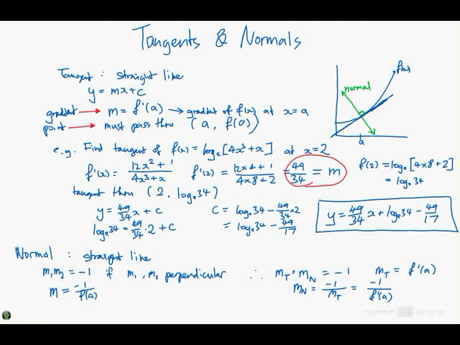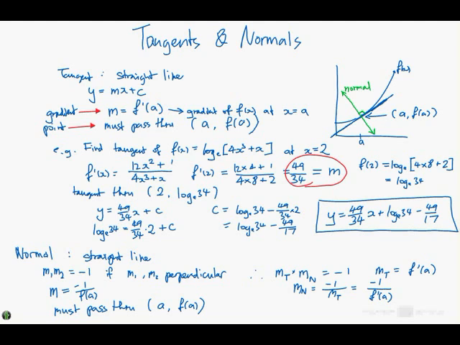So the gradient is -1 on f dash of a, and we must pass through the same point as before: a, f of a. If it's still not clear, that's just this point here.